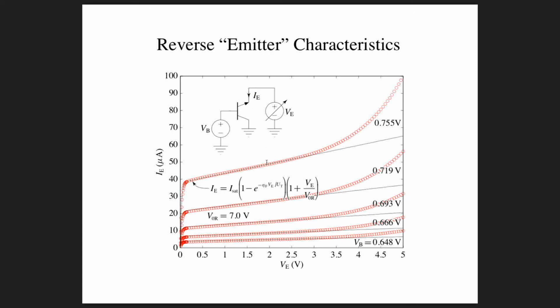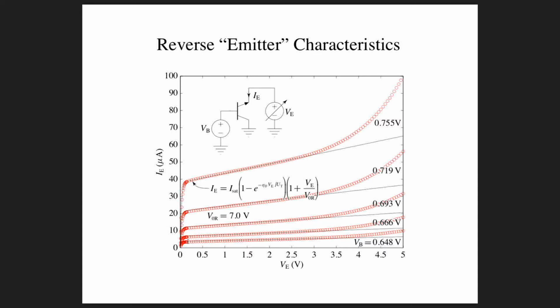So these are reverse collector characteristics, where again we've taken the same transistor and interchanged the roles of the collector and emitter. And you can see in the first, let's say, 3 volts, you have a similar set of characteristics, where we have this relatively flat, linear-looking increase in the current in the reverse active mode.